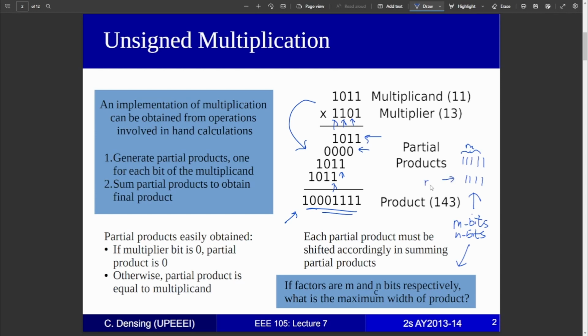So if you multiply those two things with each other, their result should be the largest possible number that an m bit number multiplied by an n bit number can ever be. So if you count the number of bits of that, that's the probable maximum width of the product.